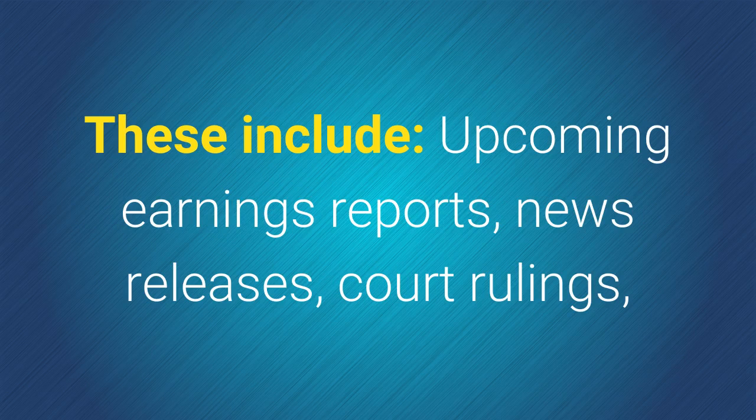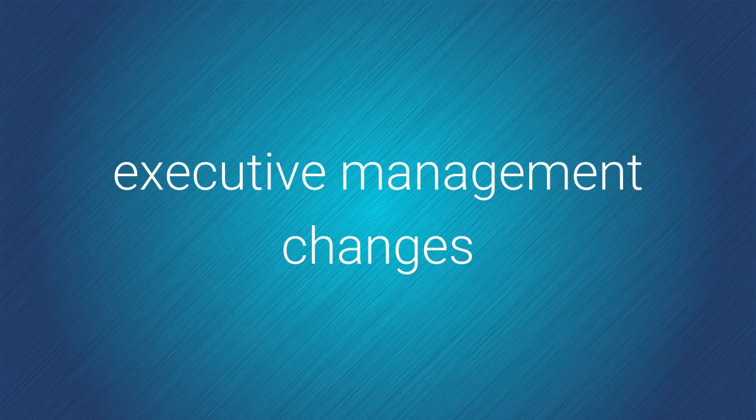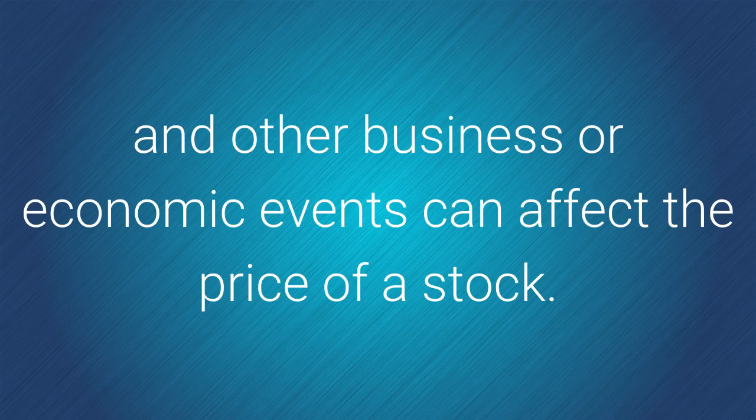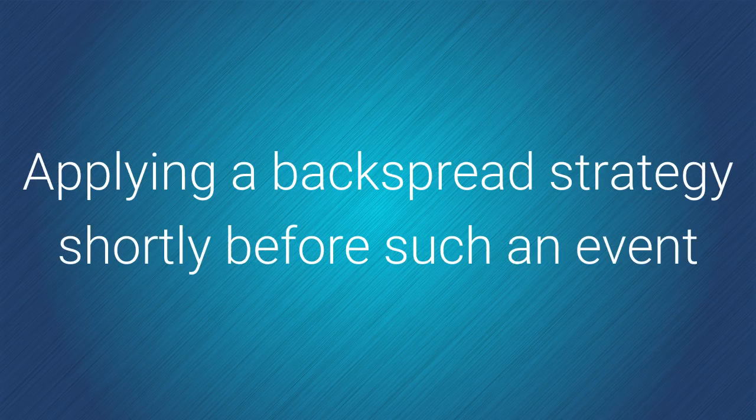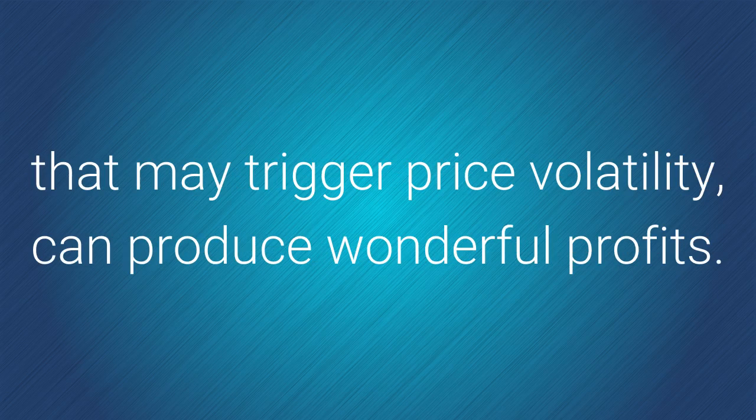These include upcoming earnings reports, news releases, court rulings, executive management changes, and other business or economic events that can affect the price of a stock. Some of these are predictable, others aren't. Applying a backspread strategy shortly before such an event that may trigger price volatility can produce wonderful profits.